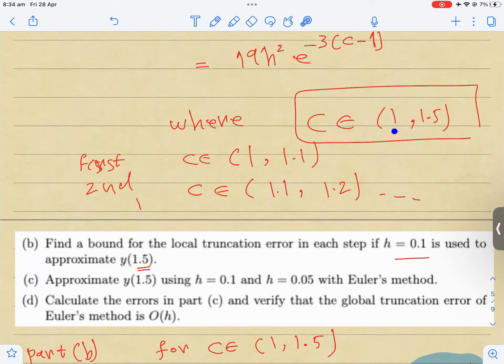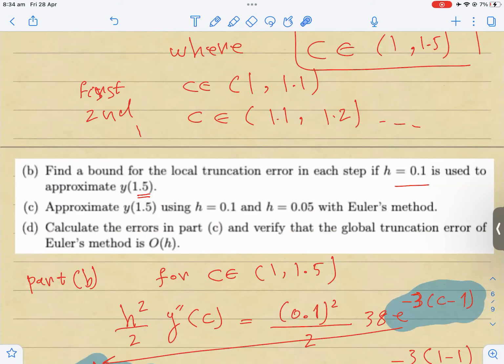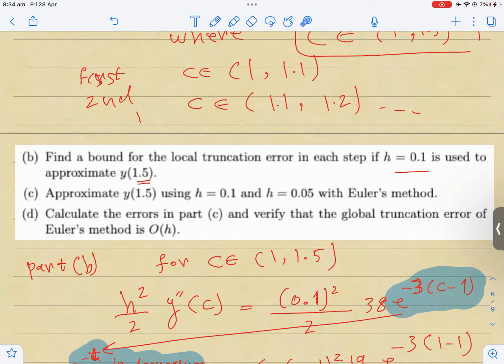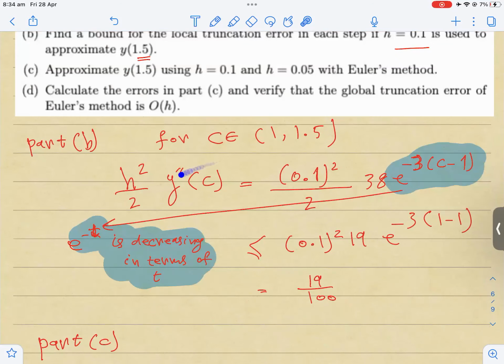C belongs to 1 and the end point 1.5. Now, local truncation if h is this guy: c is here, h squared over 2 y double dash of c.